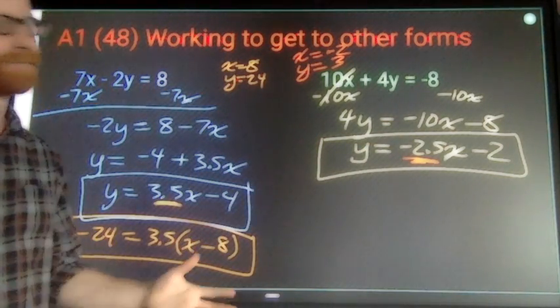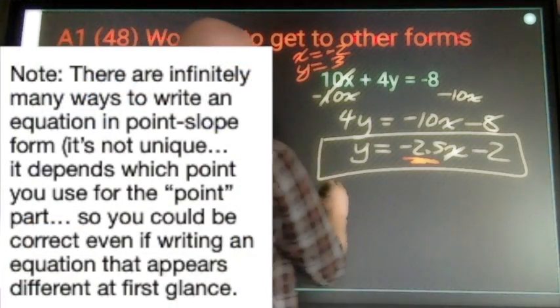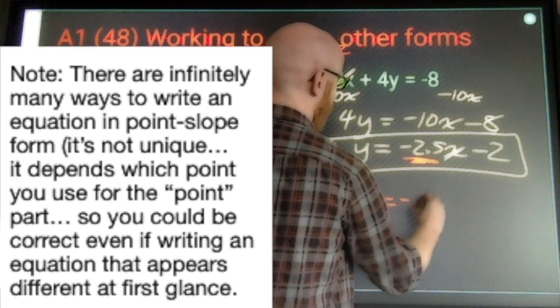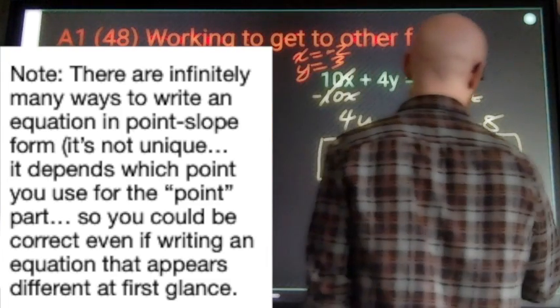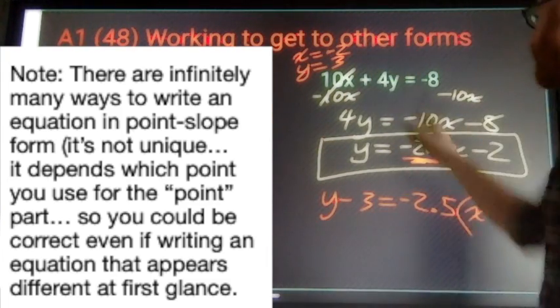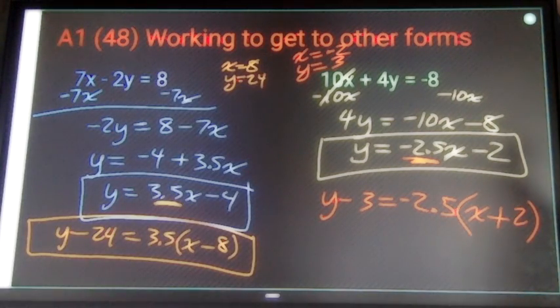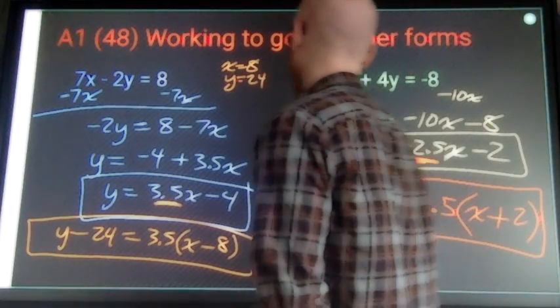And then point-slope form, y minus the y value, so y minus 3 equals slope negative 2.5 times x minus the x value. So minus negative 2 is the same as plus 2. This is point-slope form.